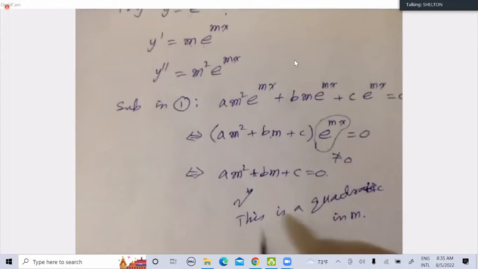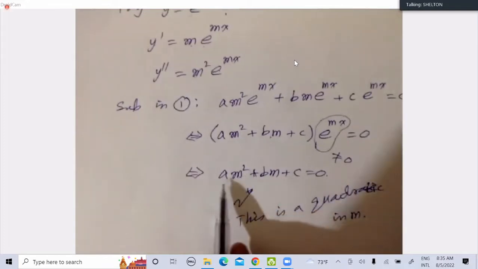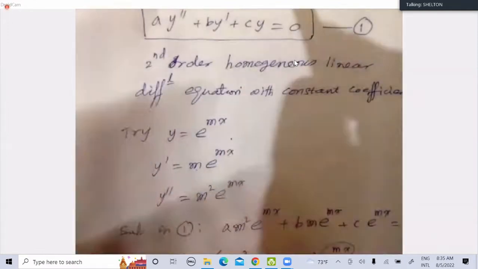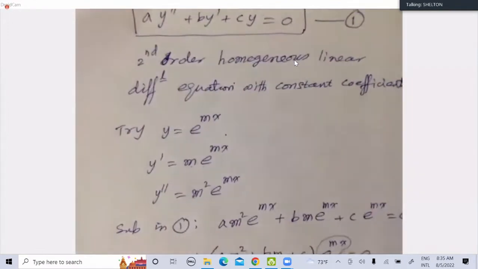If this equation is satisfied for an m, then e to the mx is a solution of that. That is the theory part.